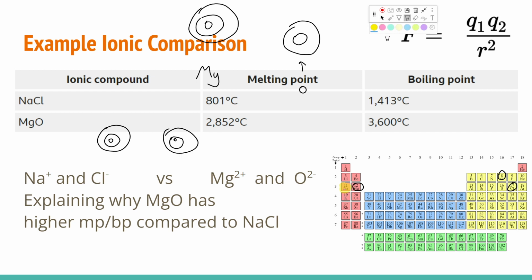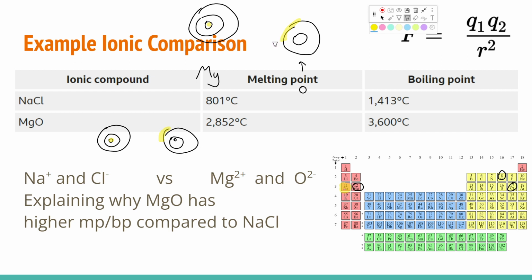So what is attracting in an ionic compound besides the charges? Obviously we have the nucleus from magnesium, right here, and then we have the valence electrons on oxygen. So remember, there's one less energy level, so that's going to be closer together compared to here and this outermost one, because there's 3 layers versus 2 layers. So that makes a huge difference right there.